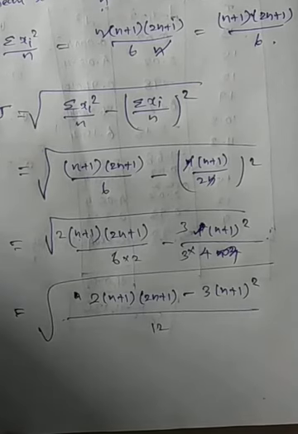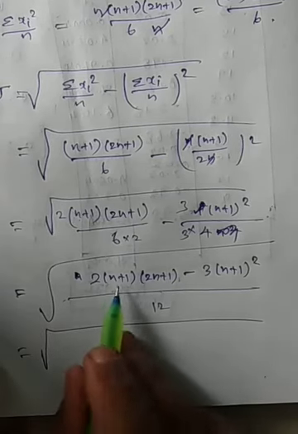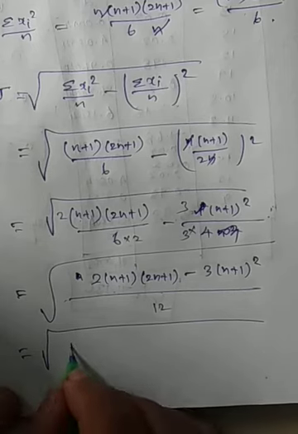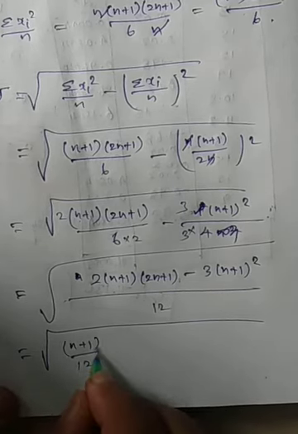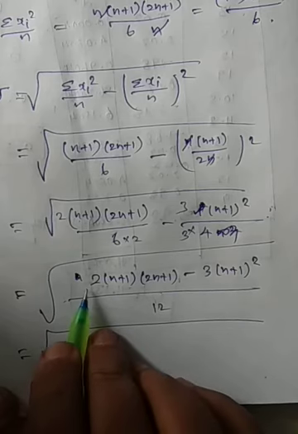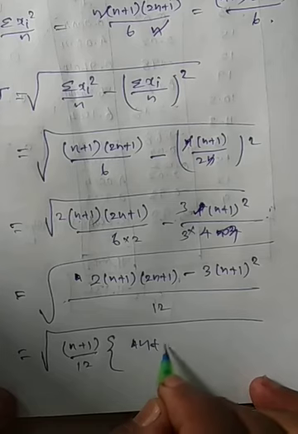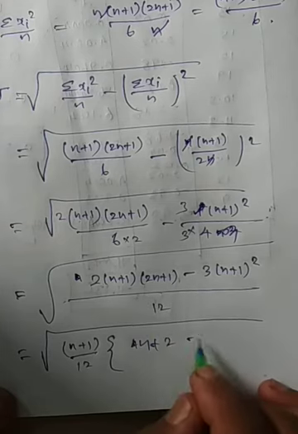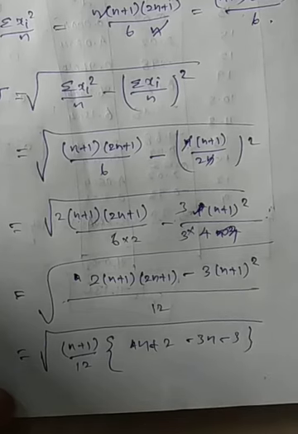Okay. So now what common things can we pick up here? n plus 1 commonly you take, divided by 12. Now what's left here: 2 into 2n is 4n, 2 into 1 is 2, minus 3 into n is 3n, minus 3 into 1 is 3.